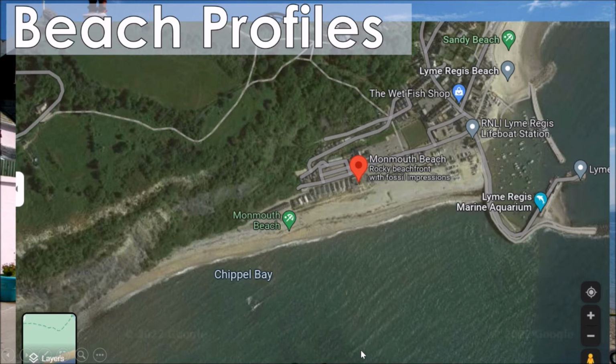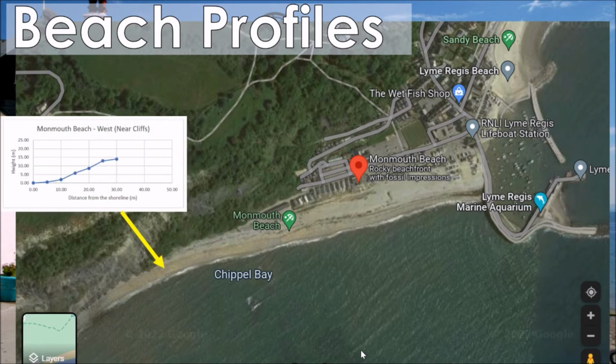So if we have a look at our beach profiles as line graphs, let's see how those beach sections actually looked different. If we have a look at this bit here to the west, it makes sense because the prevailing wind, of course, is going to be pushing from left over to right in this diagram. So we'll start with the left.